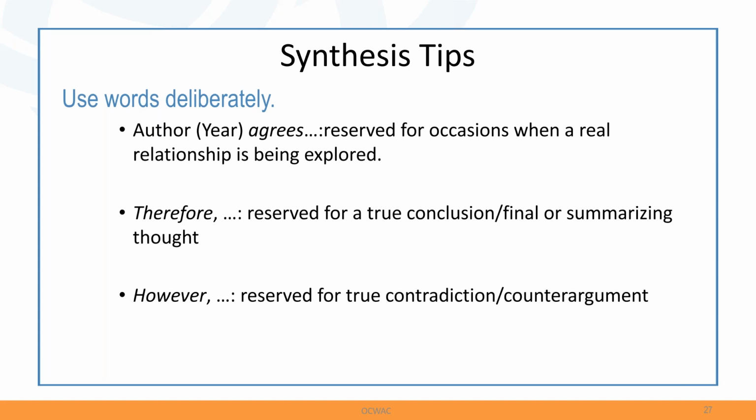And then the next sentence might say, and Cook expanded on Marshall's research, but the citation for Cook is previous to the year that Marshall published, right? So the years of publication matter when you're thinking about how to connect these articles. Can you really say an author agreed with somebody if they published their work before that person? Right, so think about that word choice quite a bit.